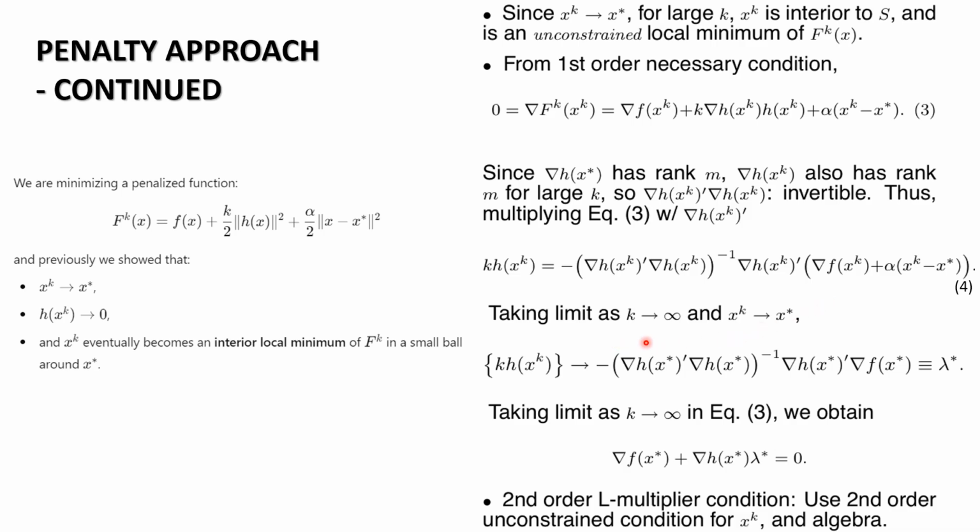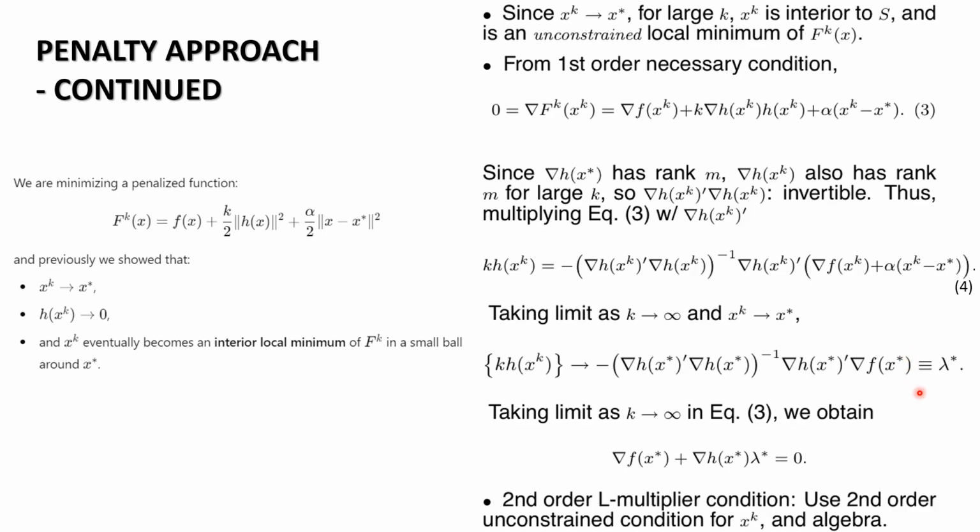Taking limits k to infinity and x_k to x star, we receive that h of x_k tends to 0, nabla f of x_k tends to nabla f of x star, nabla h of x_k tends to nabla h of x star, and then from equation 4 we obtain the limit of such kind in the end.